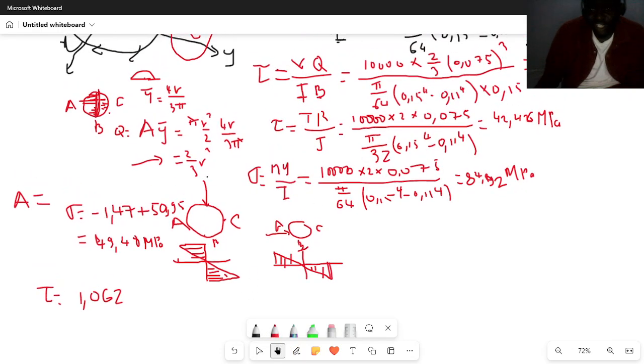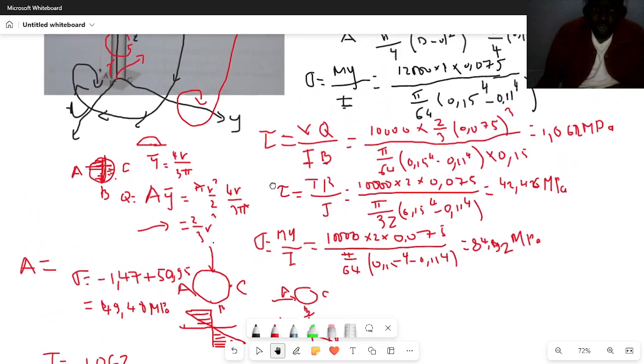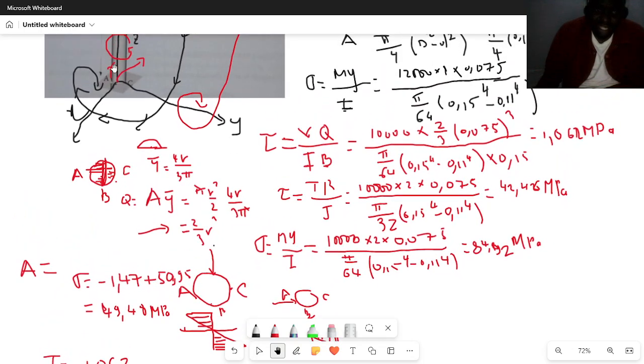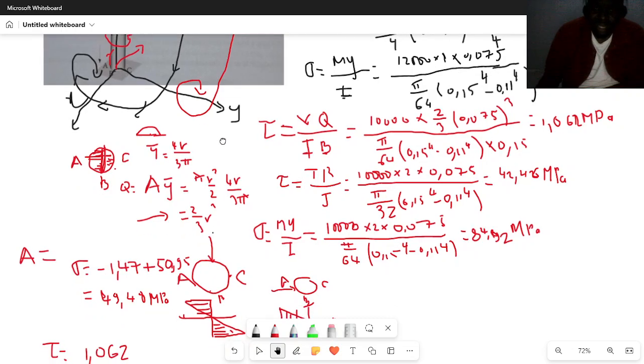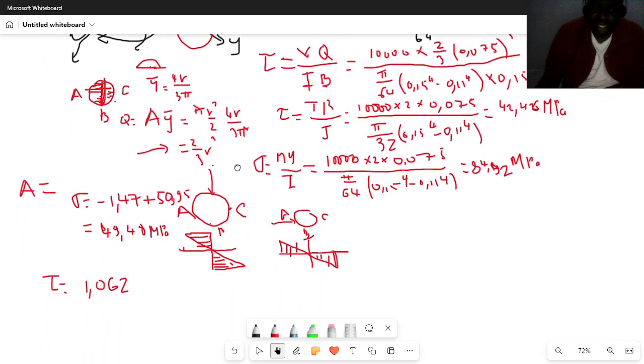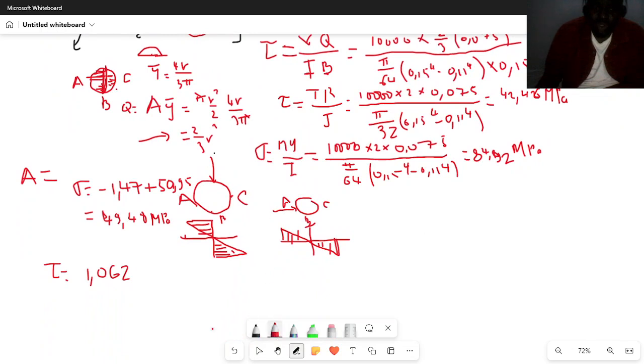We know that this shear stress will have an effect at A. What else? We also know that the torque that is being created is also having an effect here, this rotation where points A, B and C are located. That is the reason the one we call tau xy will be this force. Now what is the sign?